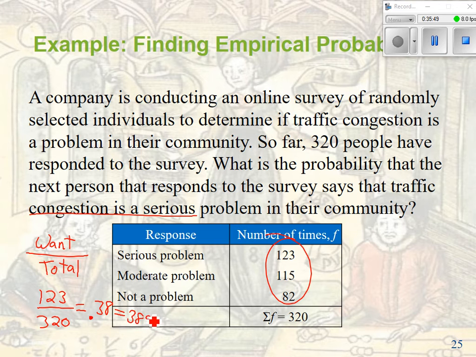So there's a 38% chance that the next person that we talk to, or next person that responds, is going to say it's a serious problem. And either one of these makes a little more sense this time than the fraction. Because if you say there's a 123 out of 320 chance, that's not going to mean anything to anybody. The numbers are getting too big.